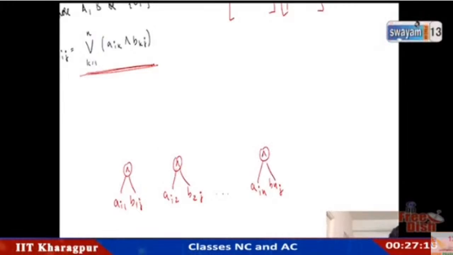So we have Ai1 and B1j, we have Ai2 and B2j, and so on up to Ain and Bnj. First we have an AND of each of these pairs, and then we have a giant OR of all of these.